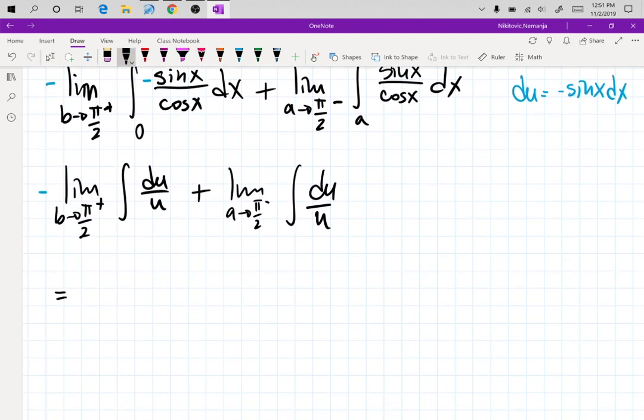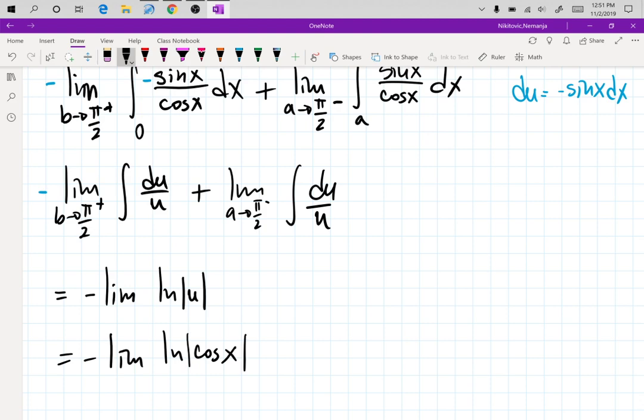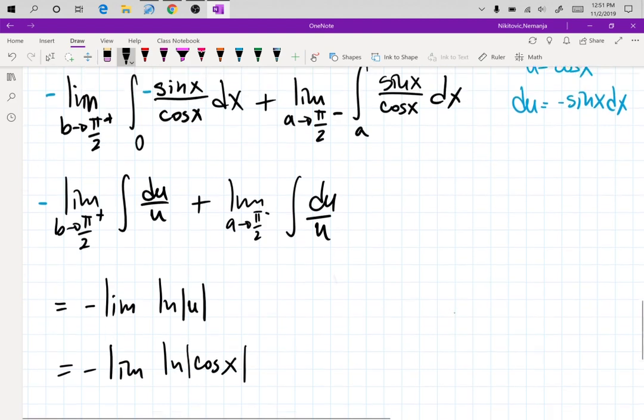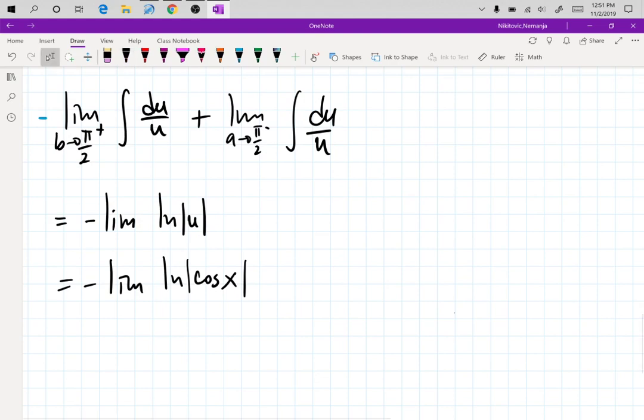So this becomes negative limit of ln of u, which is negative limit ln of cosine x. And this negative can change it into secant, but it's much easier if you compute with a cosine. So I am not going to change it into a secant because it's easier to compute with cosine.